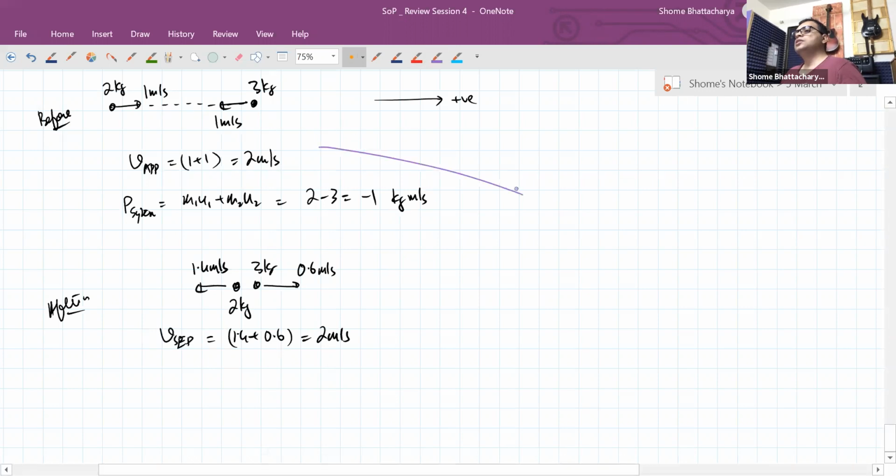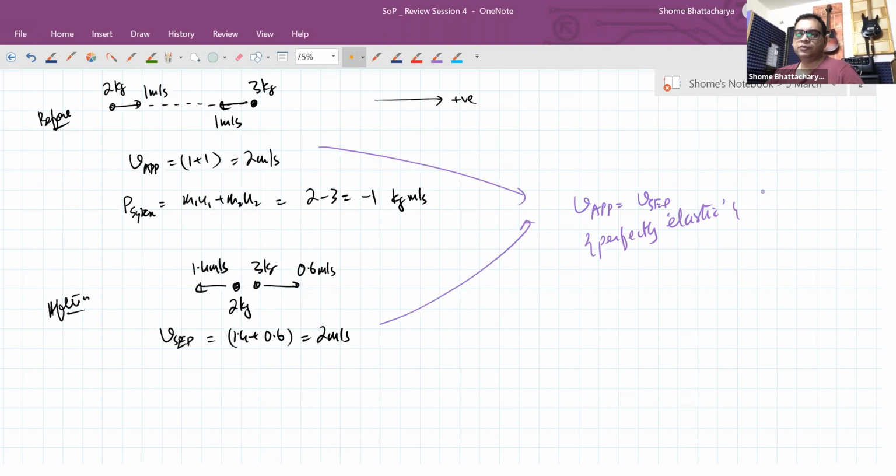Connecting these two, as expected, we have got that approach velocity is equal to separation velocity because it is a perfectly elastic collision, which basically just confirms for us that the application of the formula is correct, because the derivation of the formula in the first place involved the condition that approach velocity is equal to separation velocity when the collision is perfectly elastic. So we're just confirming that the result we have got agrees with that part of the derivation.